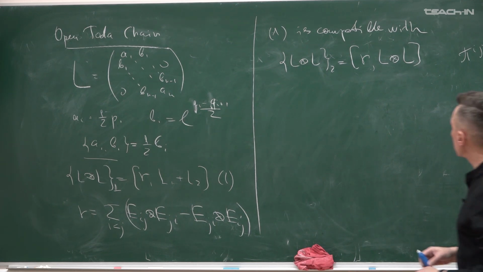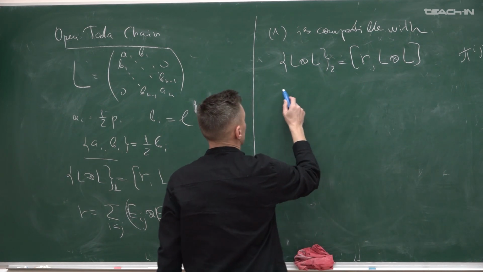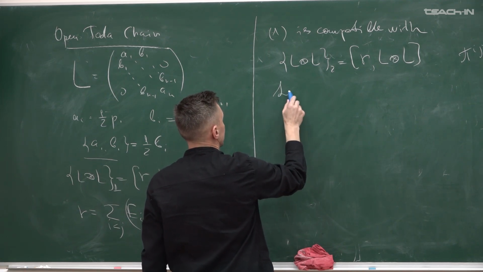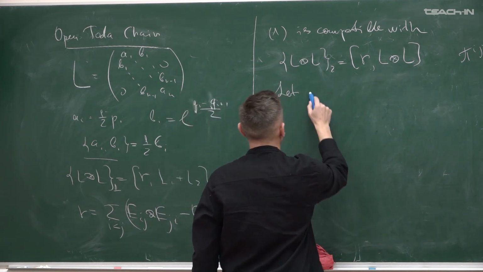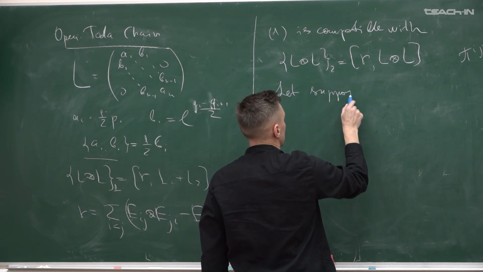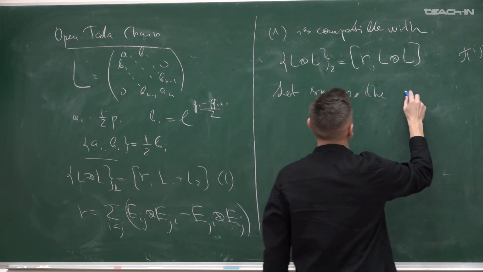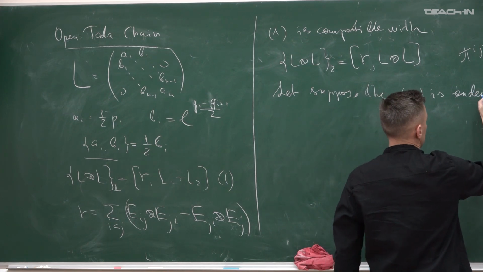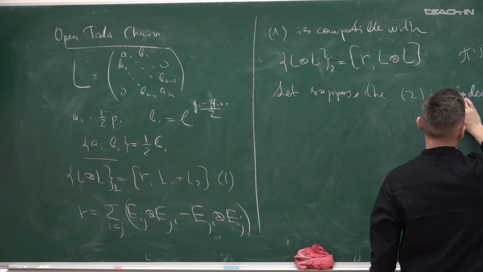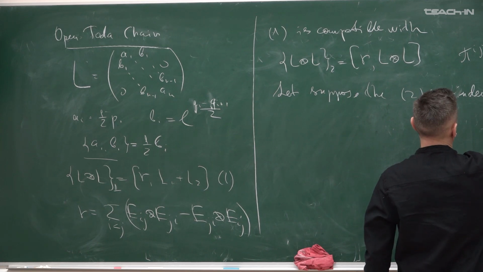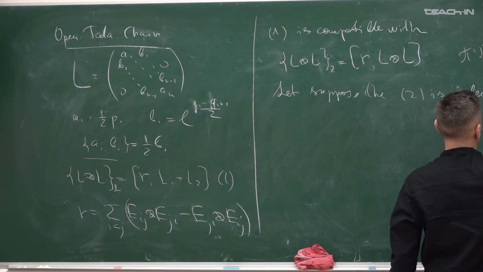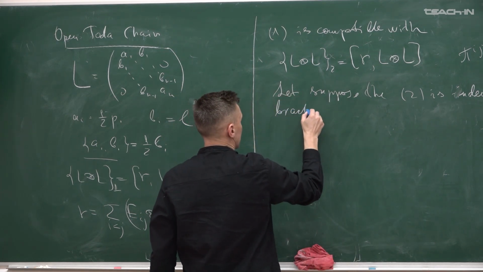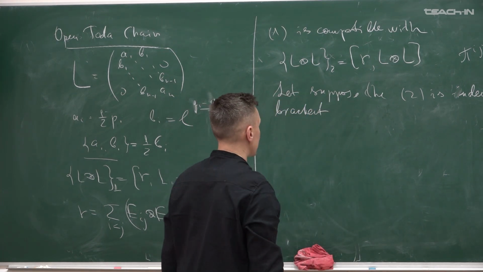I'd like to comment firstly. Let's suppose that 2 is indeed a Poisson bracket.